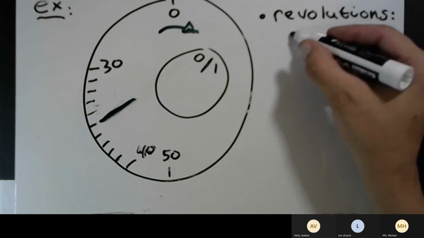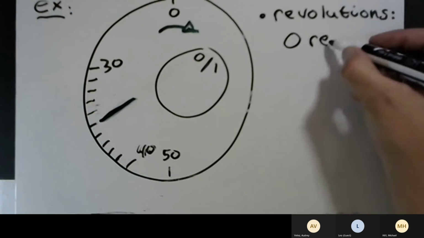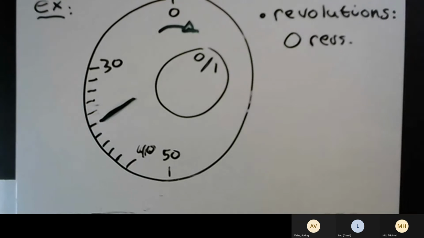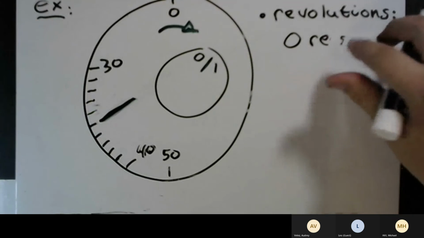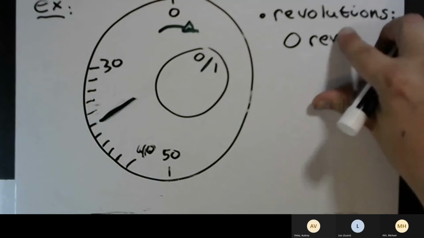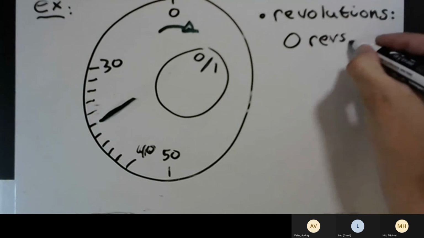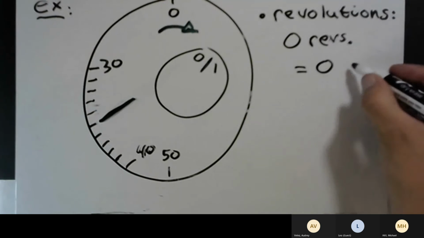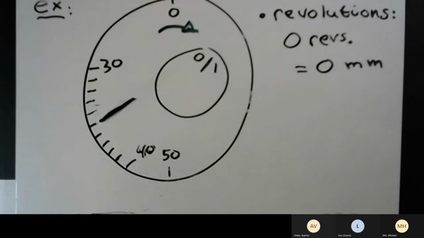So there's 0 revolutions. So that means so far we have 0 millimeters.